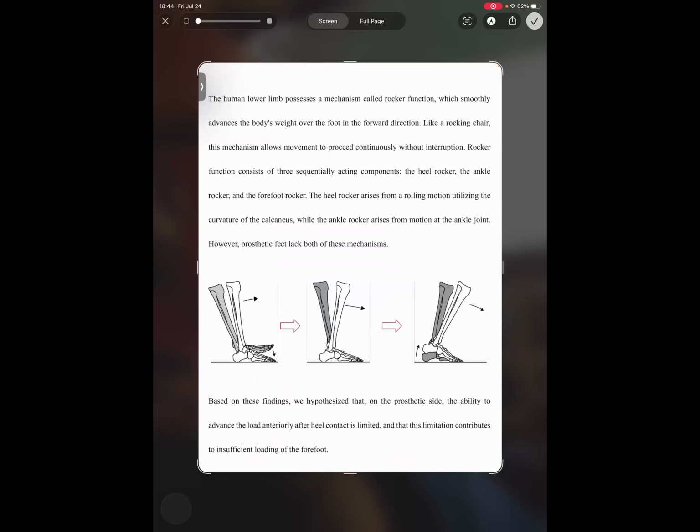Instead of distance. So here is an example of distance, like X, right? But here is an example of rotation or angle, right?